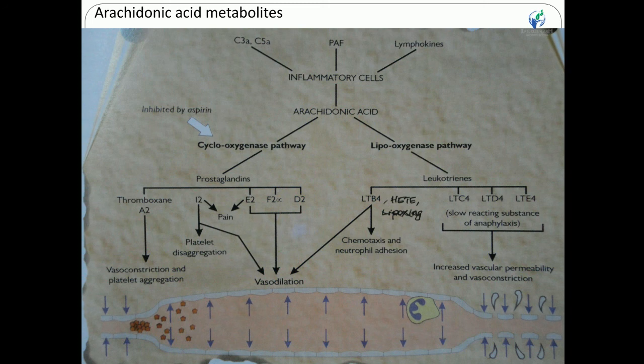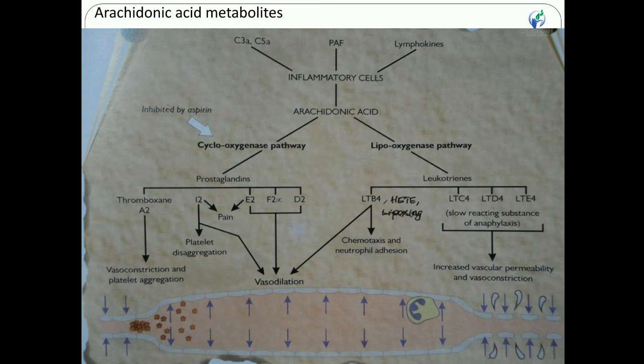So what we have discussed till now: the mediators of inflammation, their characteristics, and next the cell derived mediators. In that we have discussed vasoactive amines, histamine, 5-hydroxytryptamine, neuropeptides, tumor necrosis factor alpha, and platelet activating factor.